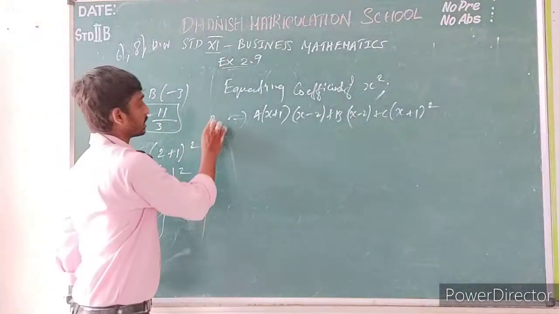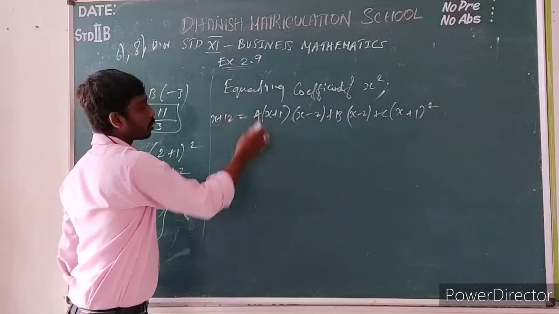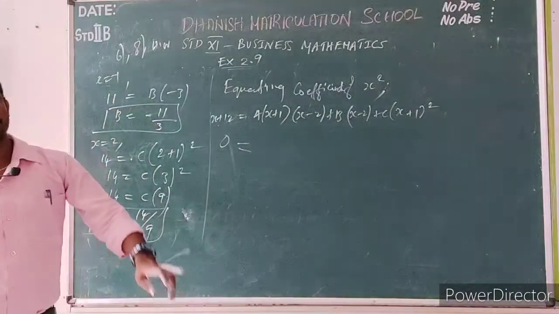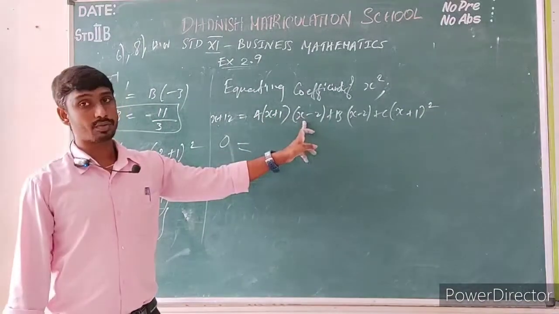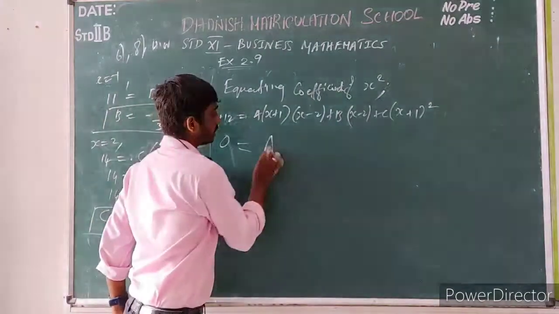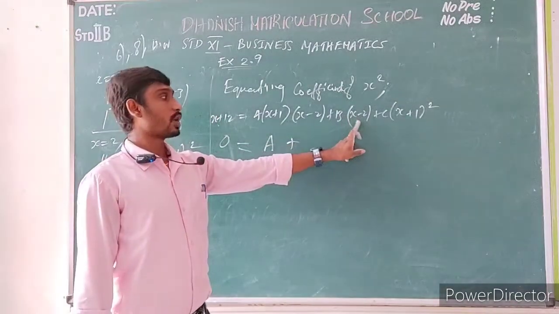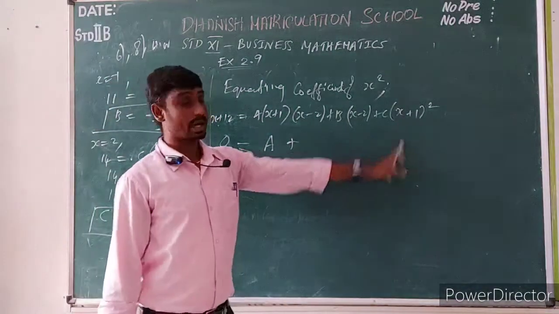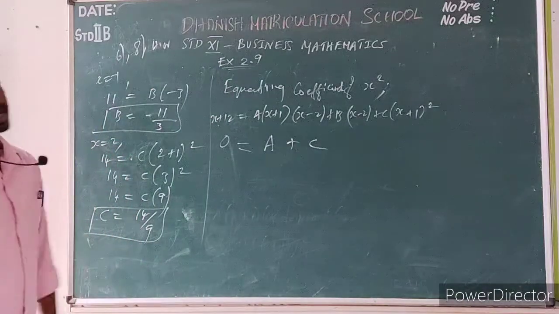On the RHS there is no coefficient of x square value, so we put 0 here. Now we have to apply a. There is no coefficient of x square from b here, but here we have x square. Now we have to apply c. So a plus c equal to 0.